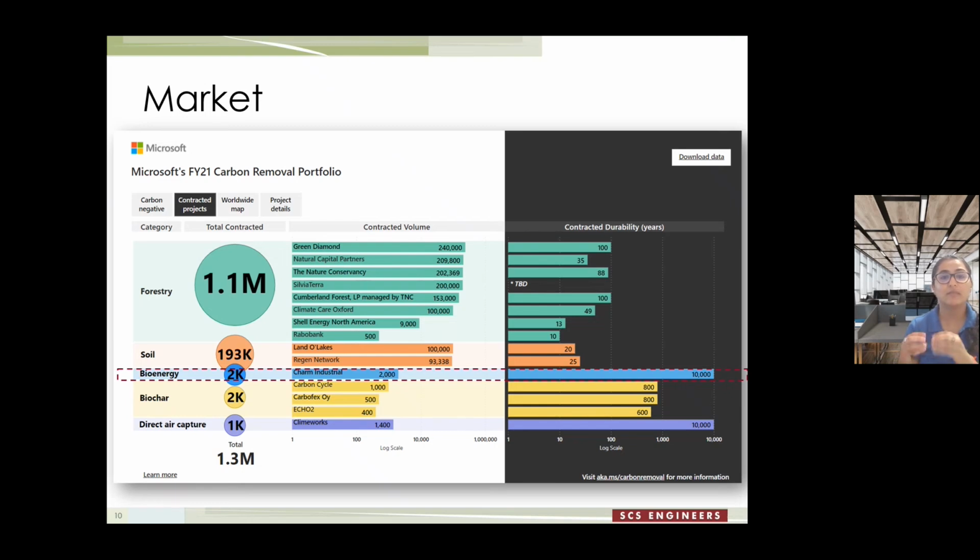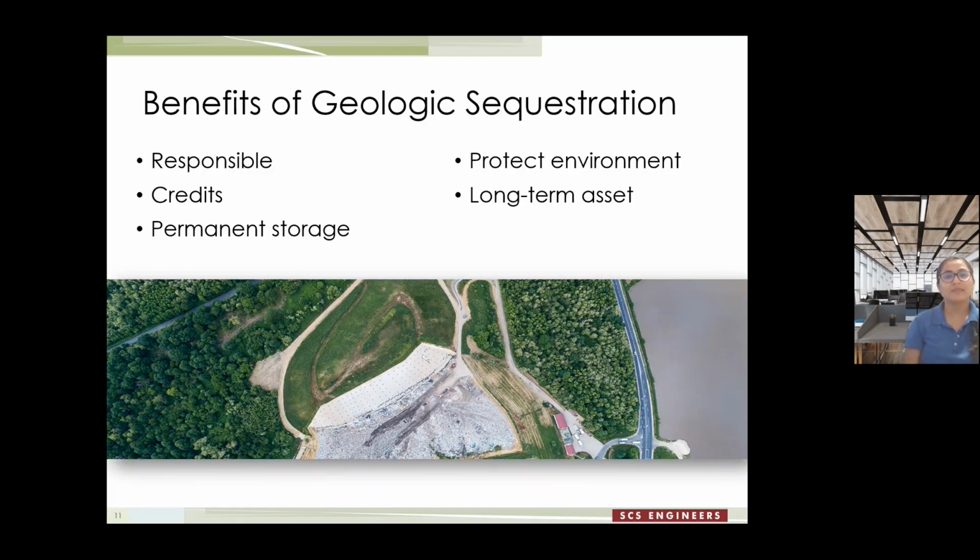So the important thing here is when you invest in geologic carbon sequestration, you're essentially removing the carbon dioxide for a really long period of time. Because with biologic carbon sequestration, after decomposition, as I mentioned, the carbon dioxide is released back into the atmosphere.